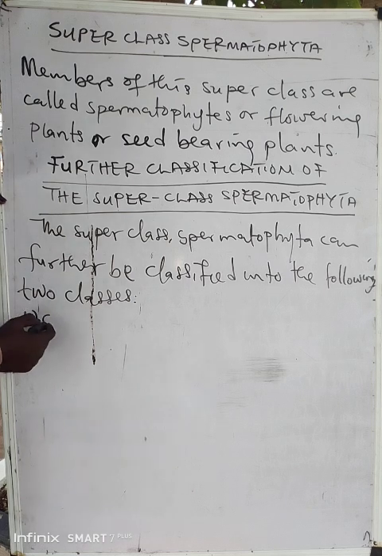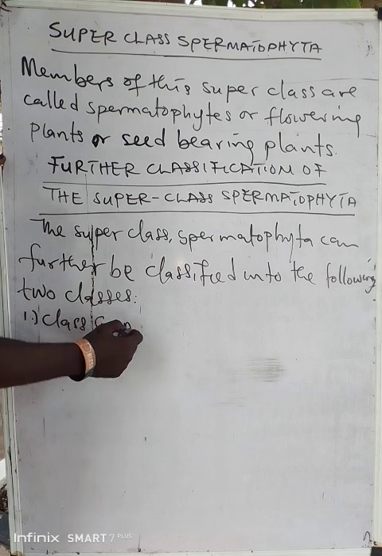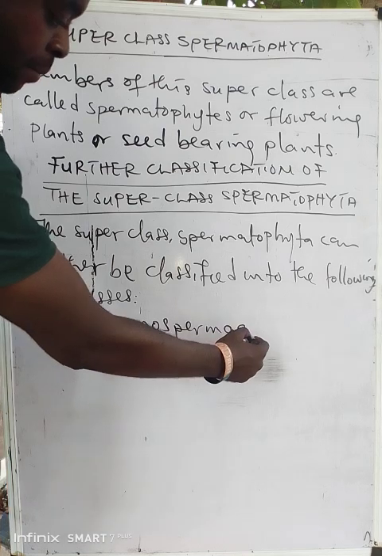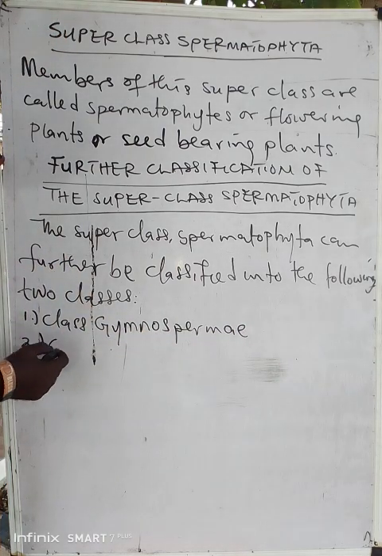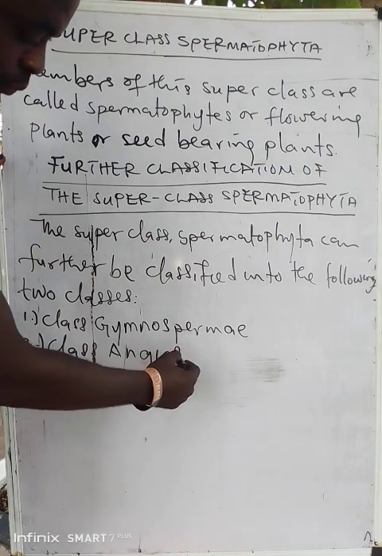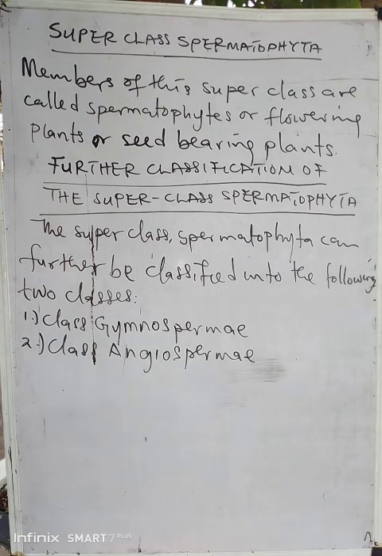The first one is class Gymnospermae, and the class Angiospermae. So these are the two classes you can have under the superclass Spermatophyta, the Gymnospermae and the Angiospermae.